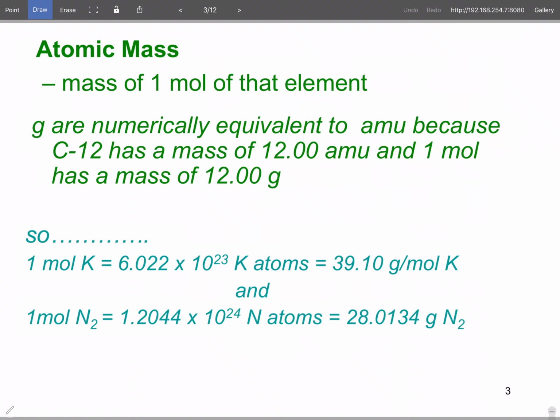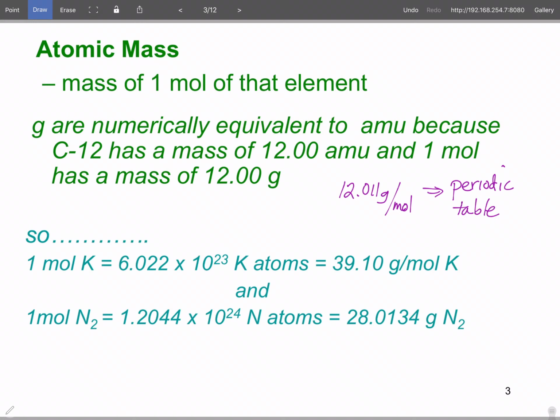Okay? So let's talk about atomic weight. It's the mass of 1 mole of that element given any species. Now, the mass I gave you for carbon 12 before was 12.011 grams per mole. That is what you see on the periodic table because it is a weighted average.